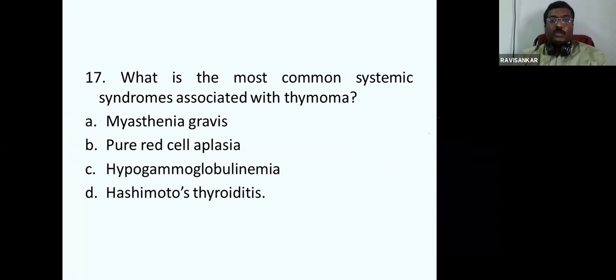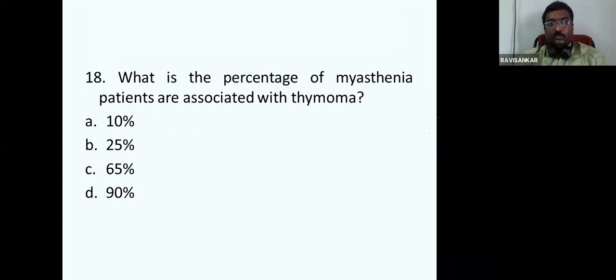What is the most common systemic syndrome associated with thymoma? Okay. What is the percentage of myasthenia gravis patients associated with thymoma?